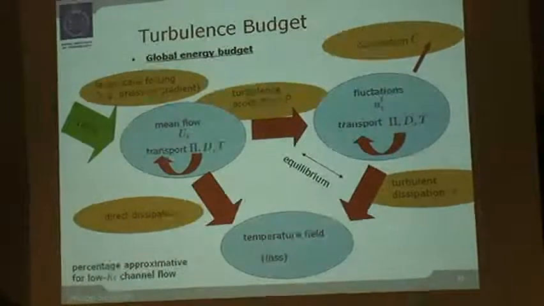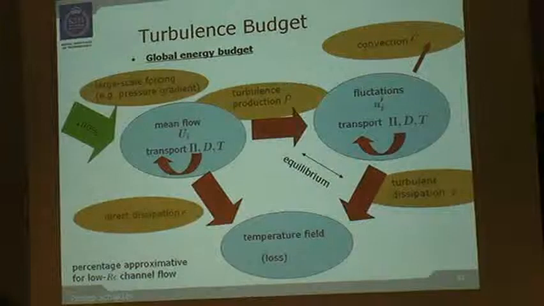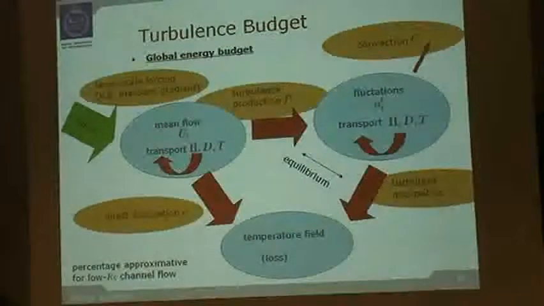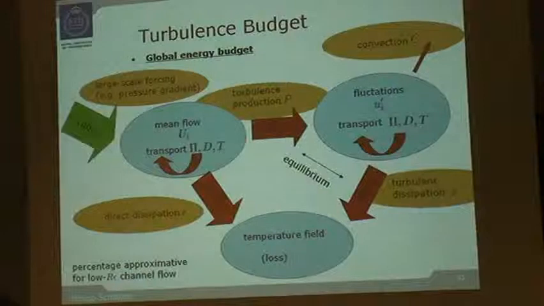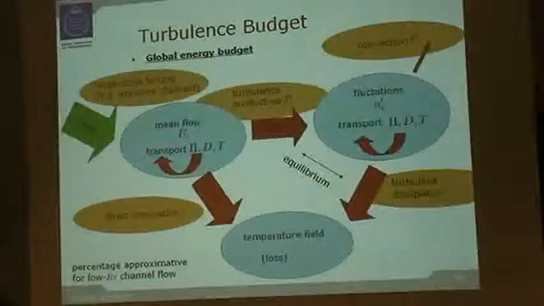So let me just explain to you what this plot means. First of all, we have these blue circles. This blue circle corresponds to the mean flow, the velocity field composed of the average velocity. And this one here is the fluctuating field, the circle corresponding to turbulence.